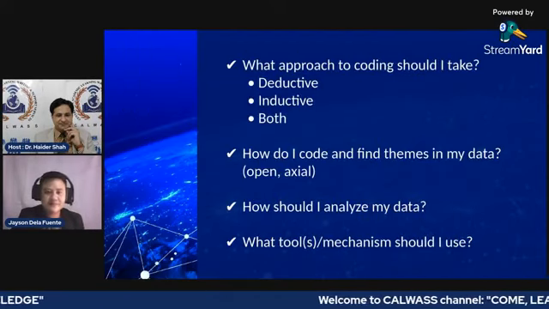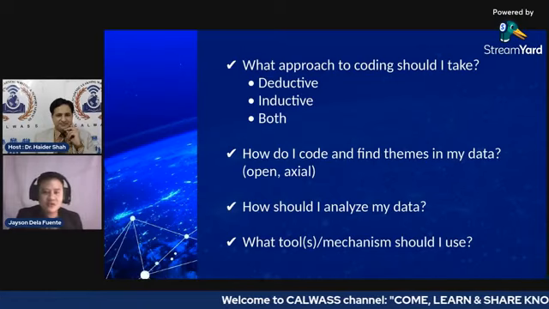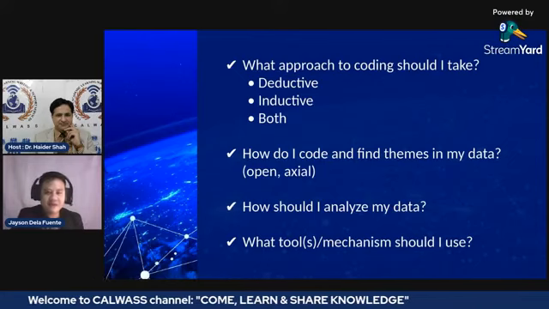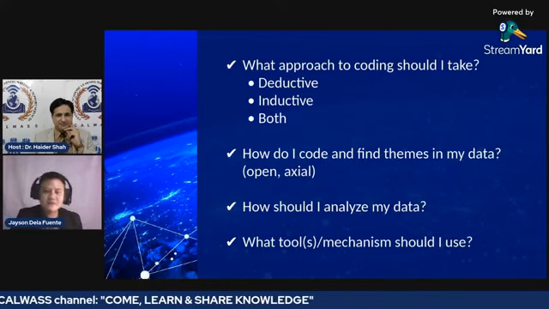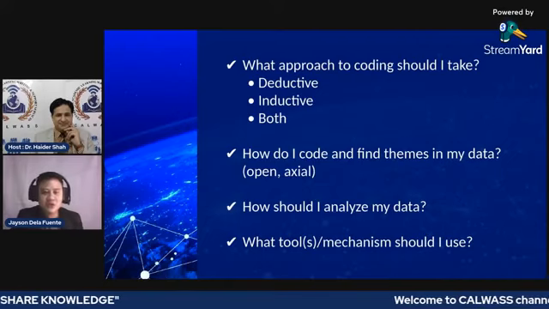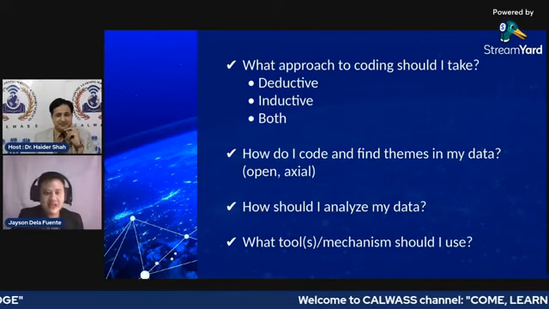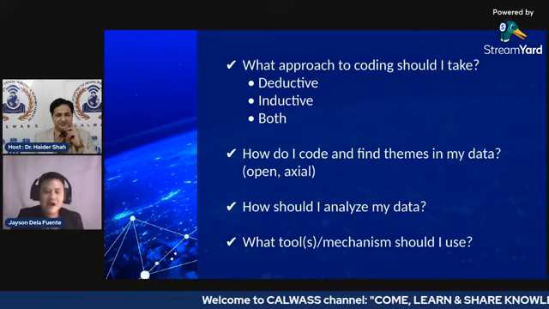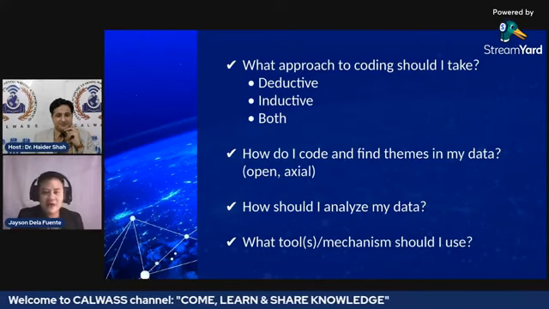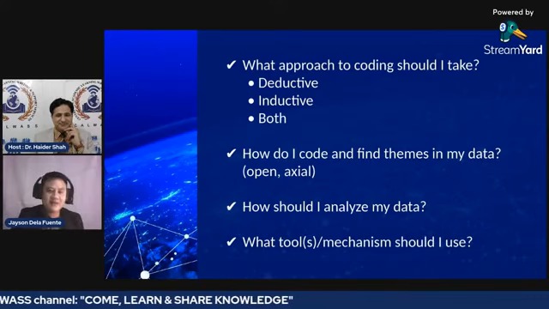What approach in coding should you take? Is it deductive, from general to specific? Is it inductive, or are you going to use the two techniques? How are you going to code and find themes in your data? Is it open or axial?